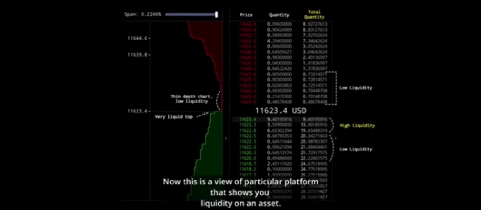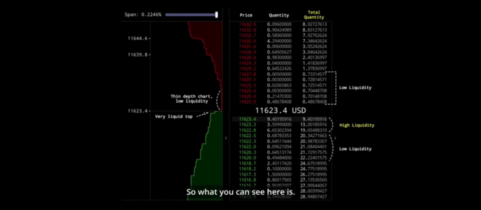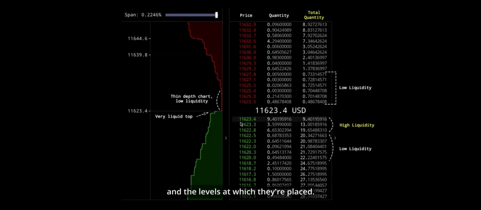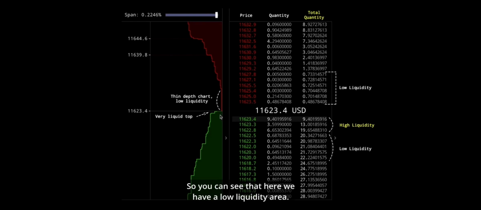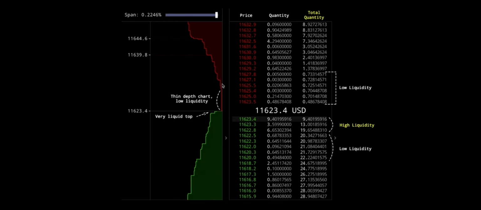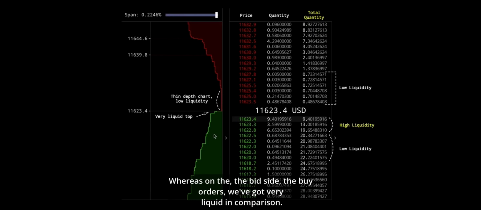This is a view of a particular platform that shows you liquidity on an asset. So what you can see here is the aggregation of all the sell orders, the aggregation of all the buy orders, and the levels at which they're placed. So you can see that here we have a low liquidity area. We've got very small amounts of Bitcoin between these levels, making a flat gap. Whereas on the bid side, the buy orders, we've got very liquid in comparison.